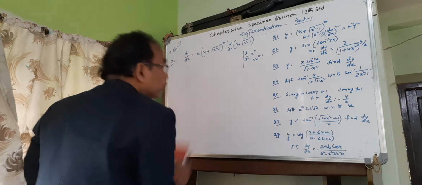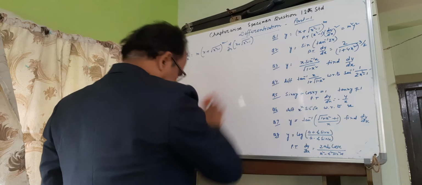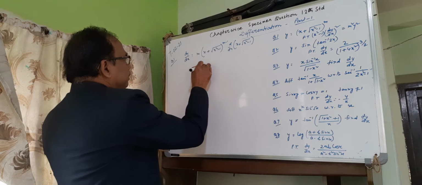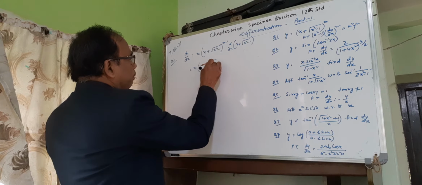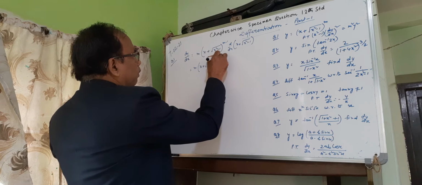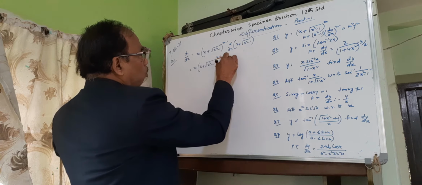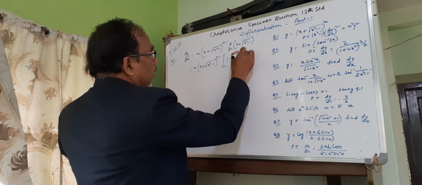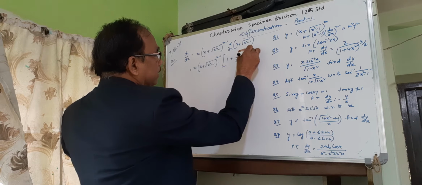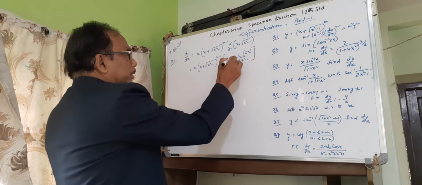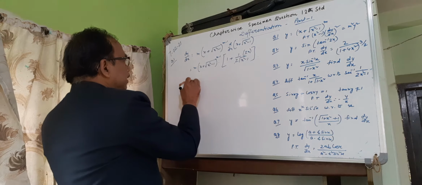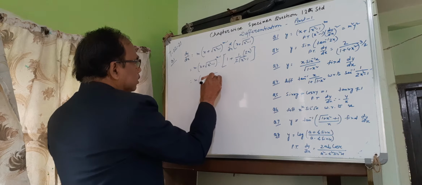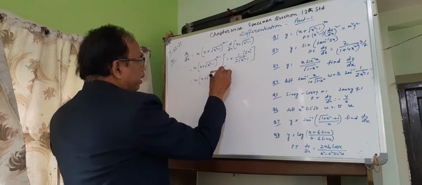Now let's do the differentiation. It equals m times x plus root over of x square minus 1 whole to the power m minus 1. The derivative of this is 1 plus 1 by 2 root over of x square minus 1 into the derivative of x square, which is 2x, by the chain rule. Then the 2 cancels.